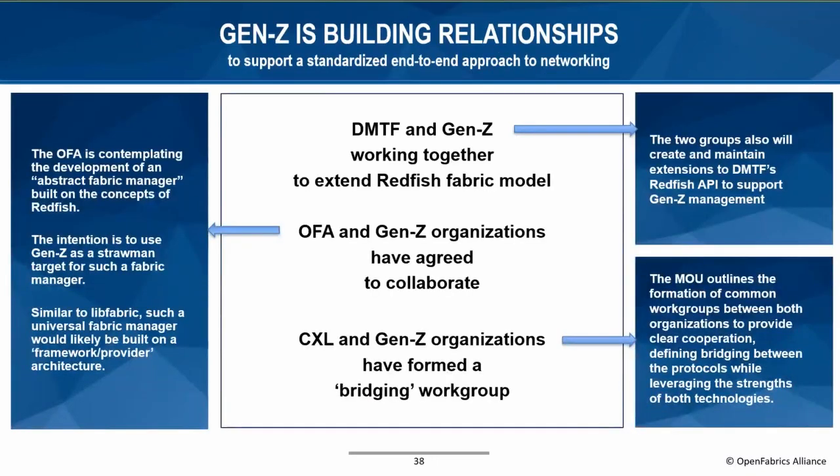Which from the beginning has been to work with industry standard bodies to build relationships which support a standardized end-to-end approach to networking and connecting multiple resources together. Gen Z has ongoing work registers and memos of understanding with the DMTF to extend Redfish fabric models to support the Gen Z fabric. That's over there on the upper right.